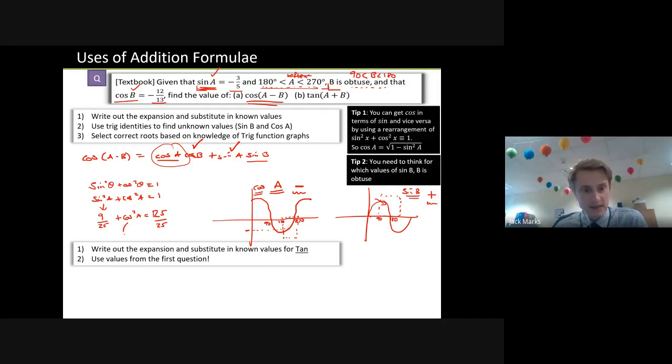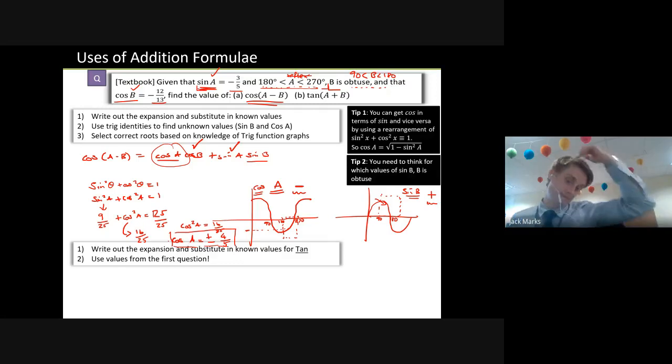Well, what's missing is 16 over 25. So cos squared A equals 16 over 25. That means that cos A, when I square root both sides, must be positive or negative 4 over 5. So that's just by using my sine squared cos squared identity.